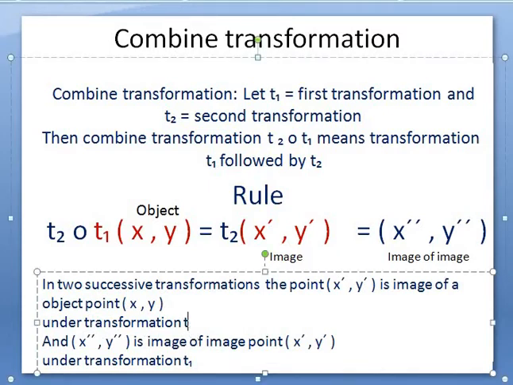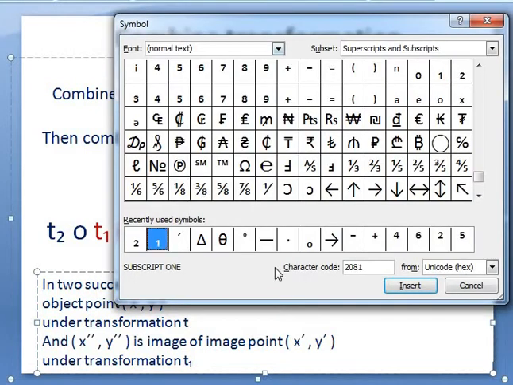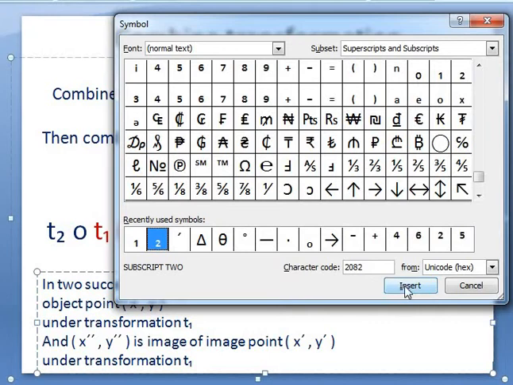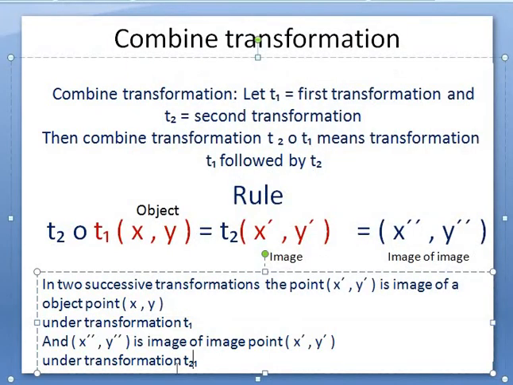So x prime y prime is the image of object point xy under the transformation T1, and x double prime y double prime is the image of the image point x prime y prime under the transformation T2.